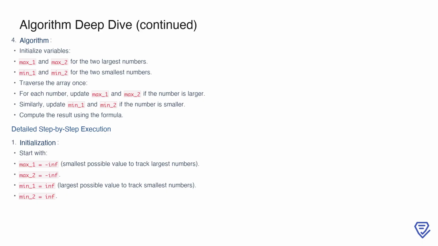As we traverse the array, we'll compare each number to update these variables. Once the traversal is complete, we use the formula to compute the product difference, which is max_1 * max_2 - min_1 * min_2. Finally, we return this result as the output.